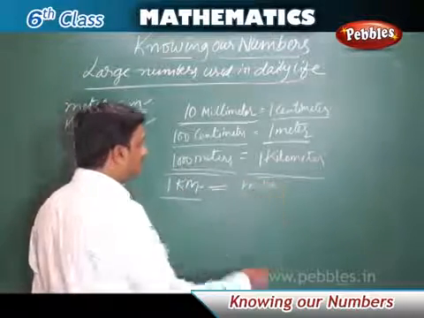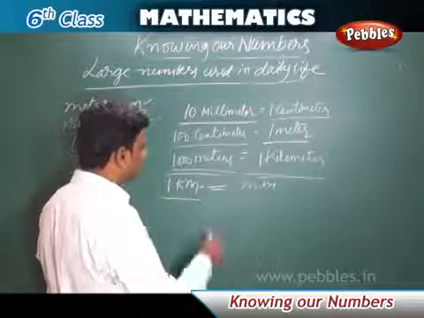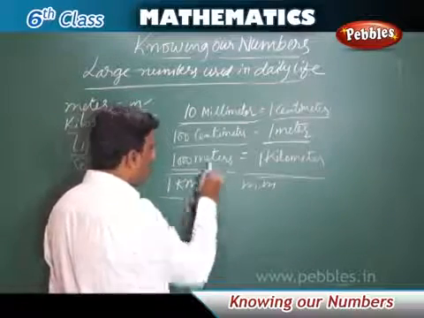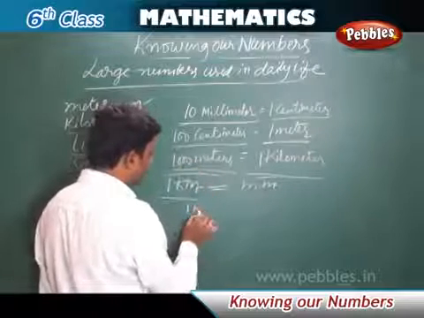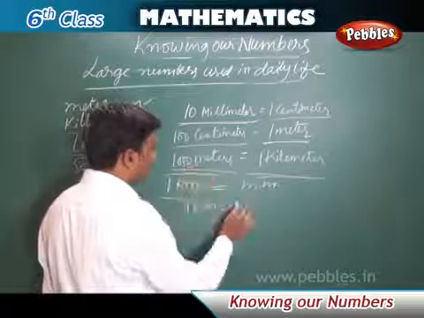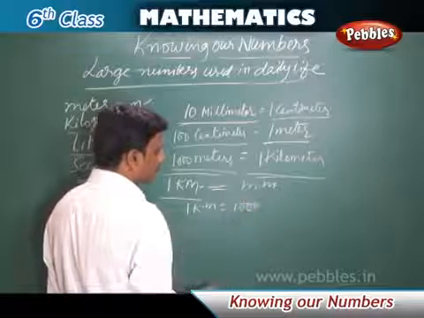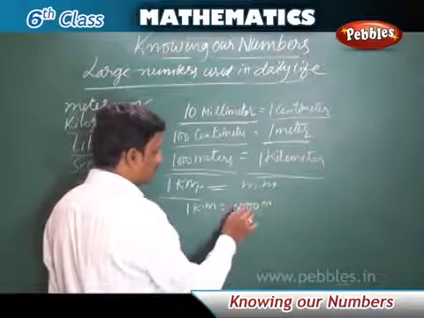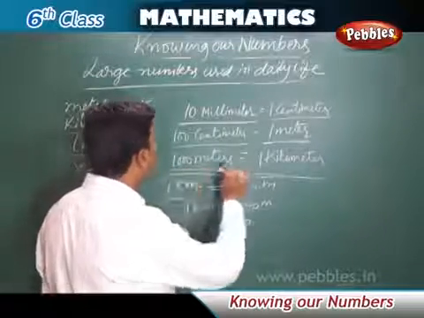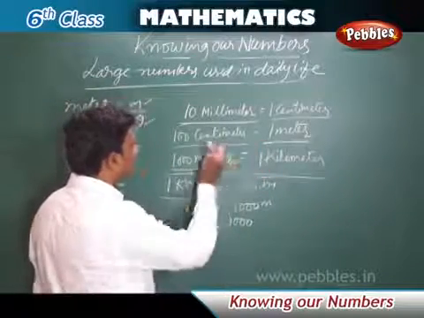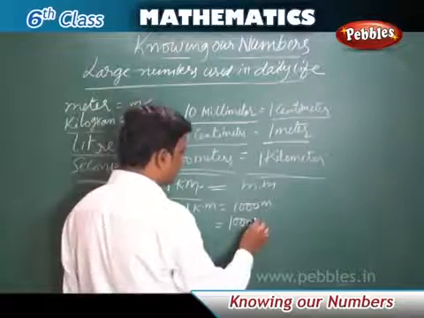So 1 kilometer is equal to how many millimeters? Let us write 1 kilometer. Take this relation: 1 kilometer is equal to 1000 meters.